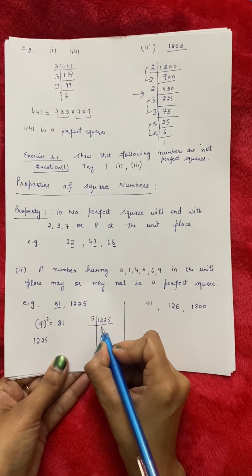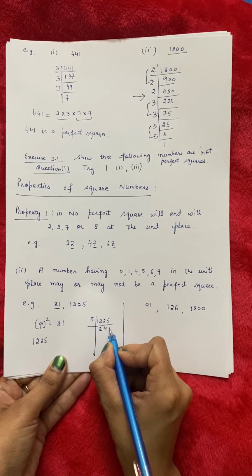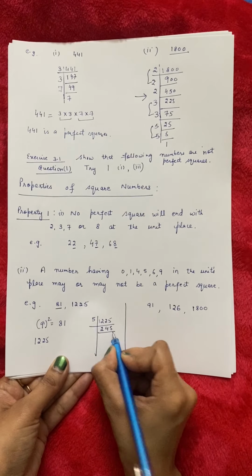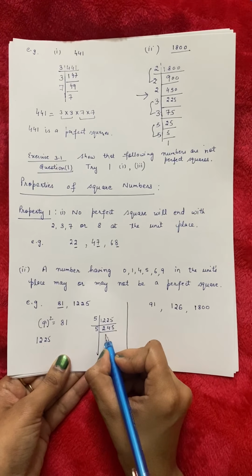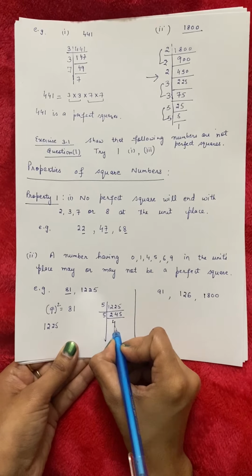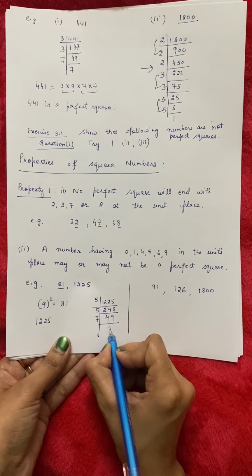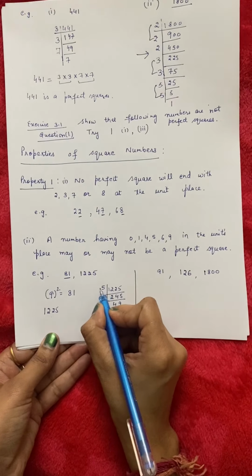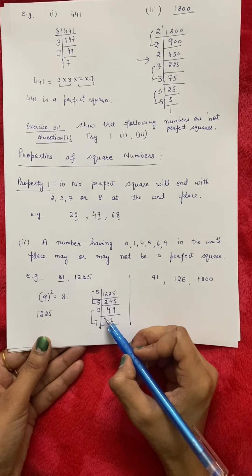So it will be 245, and this number will be divisible by 5. Again by 5, I can say this number is 49. Now this number will be divisible by 7. So as the pairing of this number is there, this number will be a perfect square.